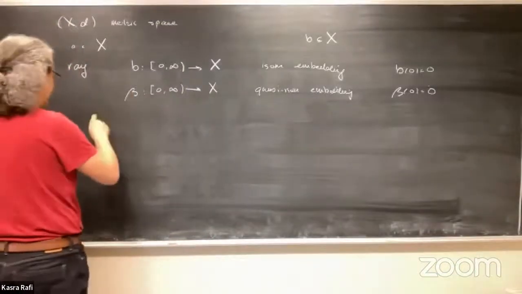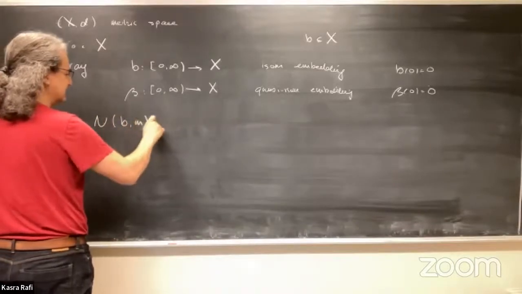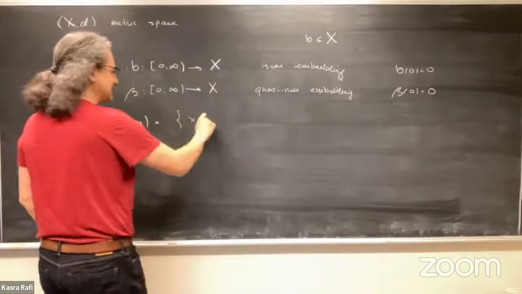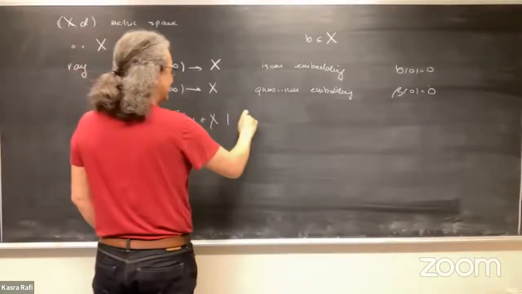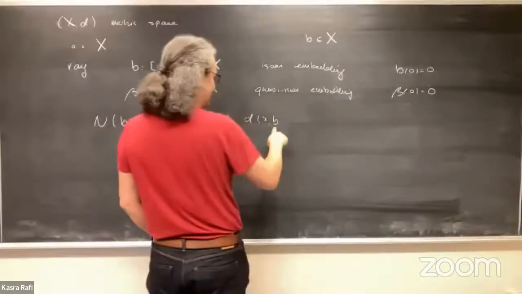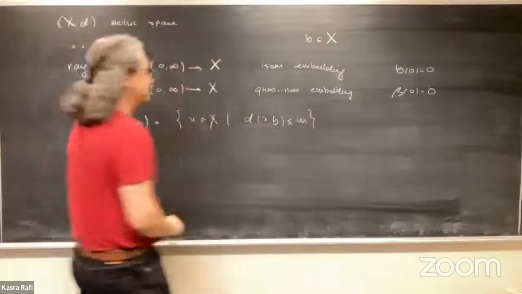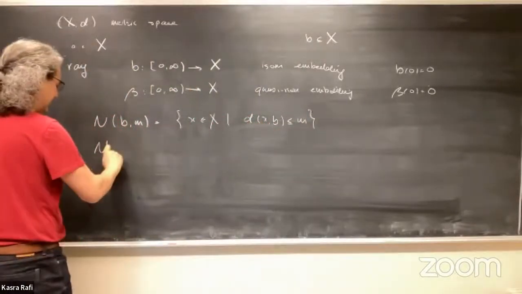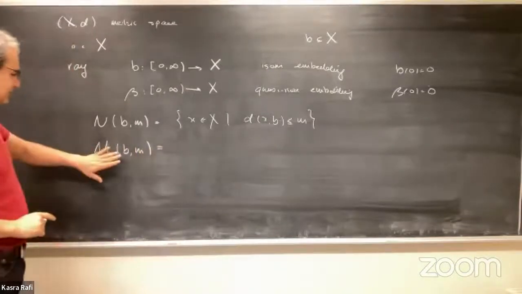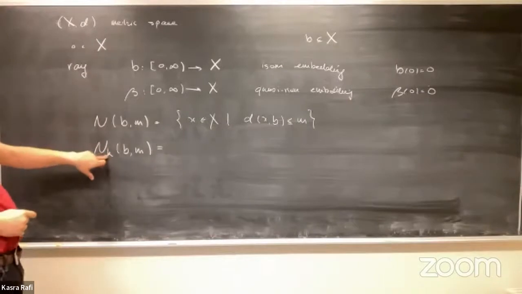Then I can look at the neighborhood of a geodesic. This is an M-neighborhood of a geodesic: all the points x where the distance between x and b, which is a set now, is less than or equal to M. If I put a kappa in here, then I can look at the kappa-neighborhood. Basically, kappa means you replace 1 with the sublinear function kappa.